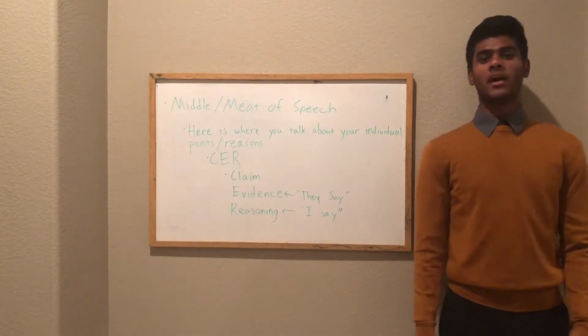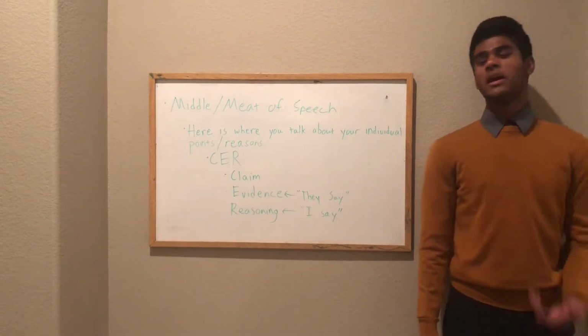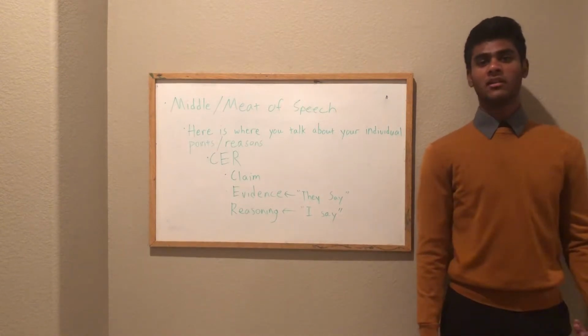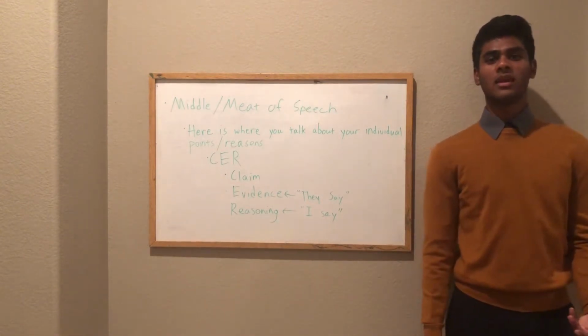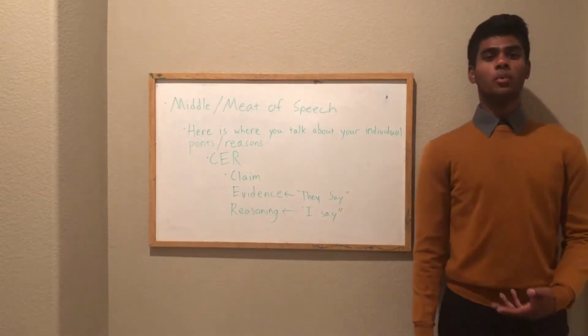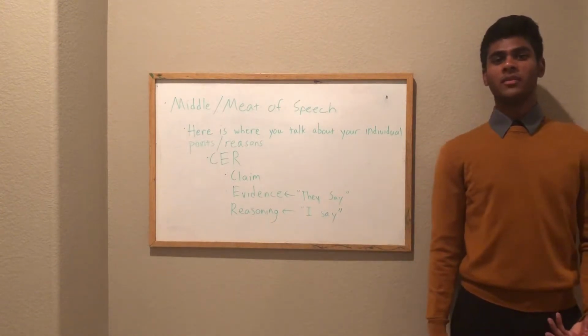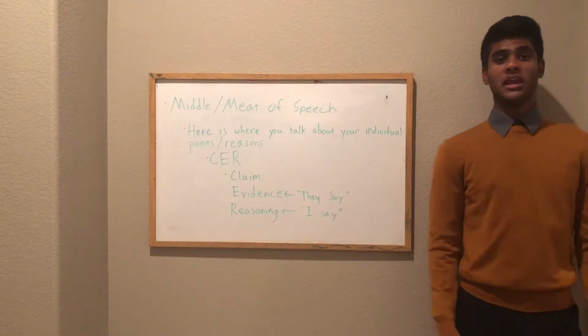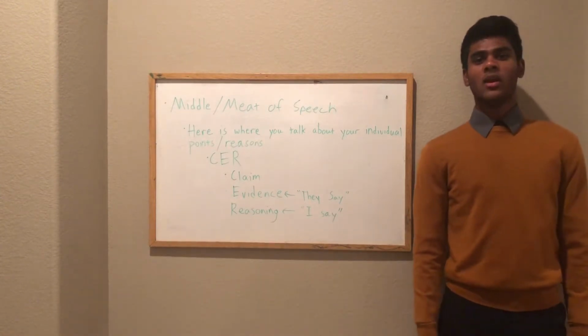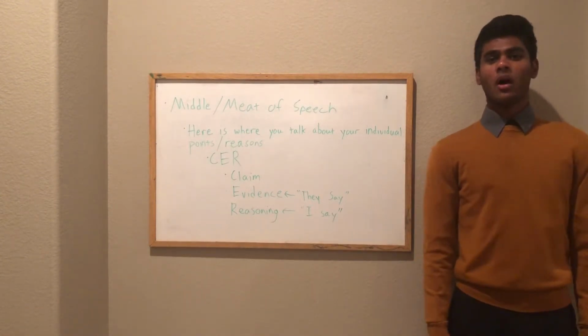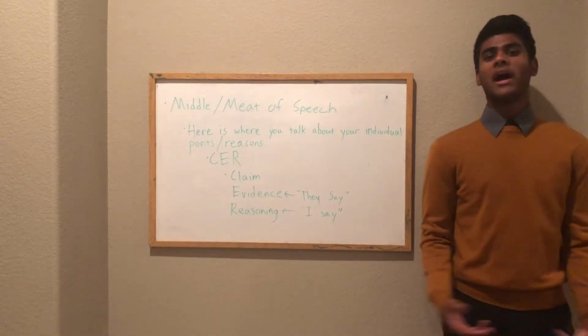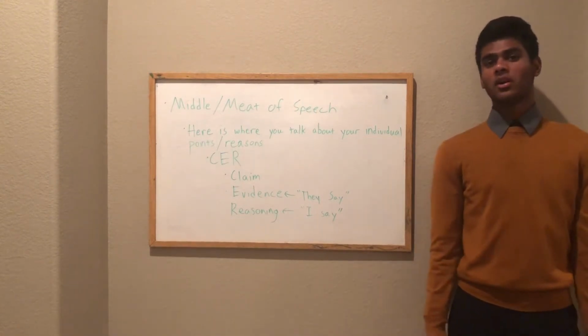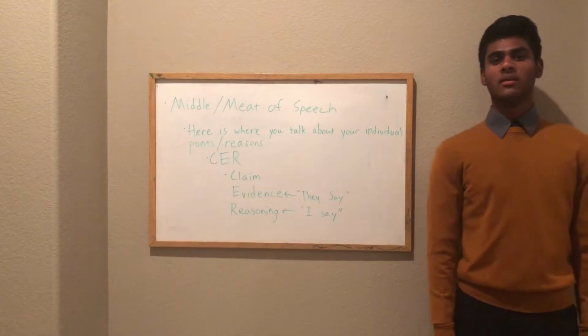So let's say you're talking about the specific claim that electric cars pollute the environment less. Maybe you're going to pull some evidence from the Environmental Protection Agency, which is an agency in the United States government, which says that electric cars do not have any emissions while gas cars do have emissions, right?